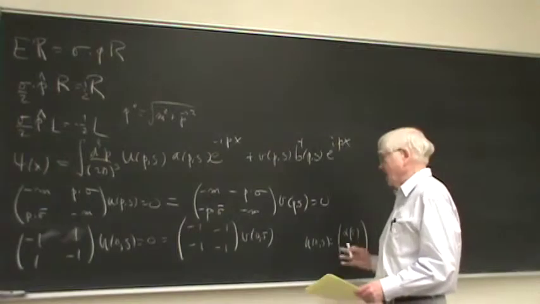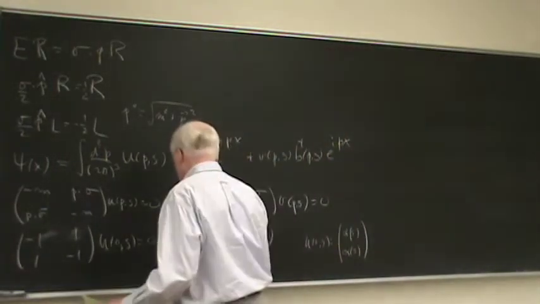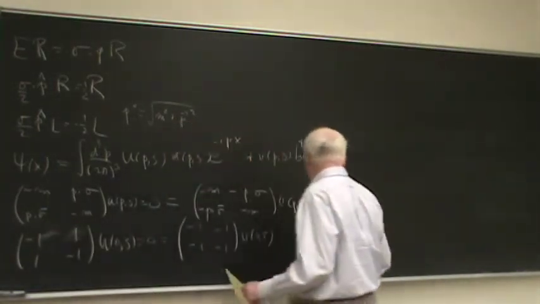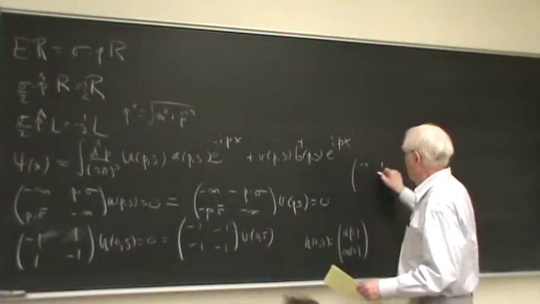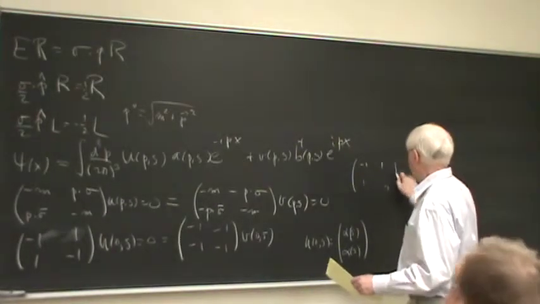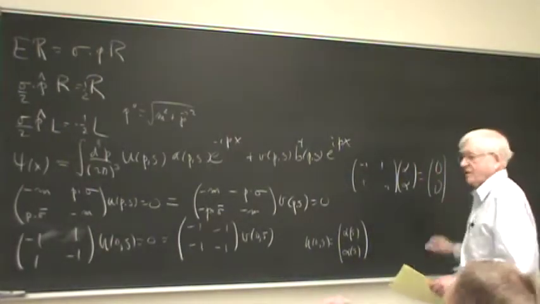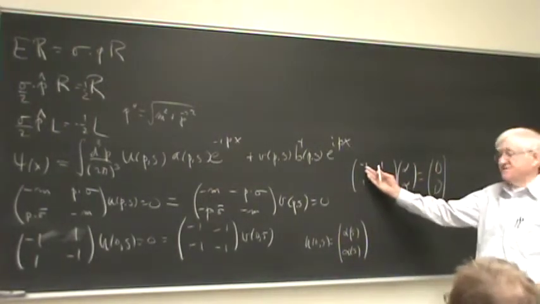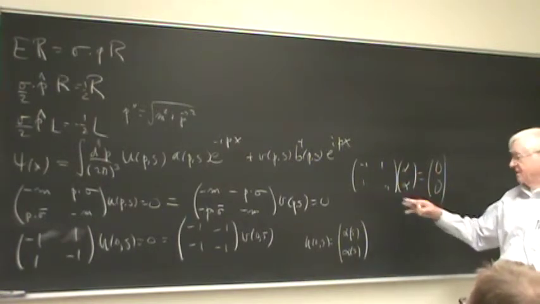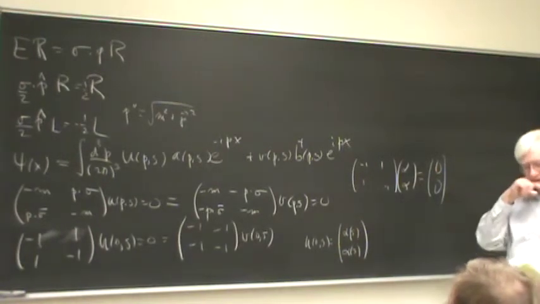And why is that? Well, obviously, if you act with minus 1, 1, 1, minus 1 on alpha, alpha, what you get is 0, 0, and that's what you want. You get minus alpha plus alpha. This is a 4 component equation, really.